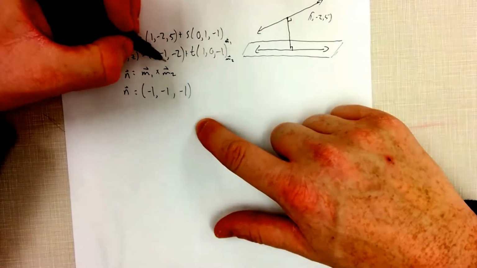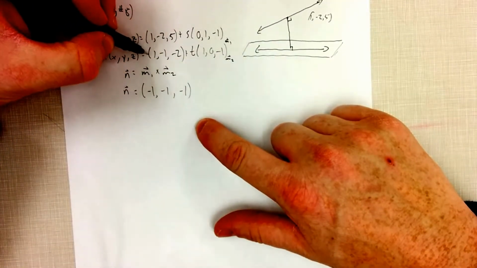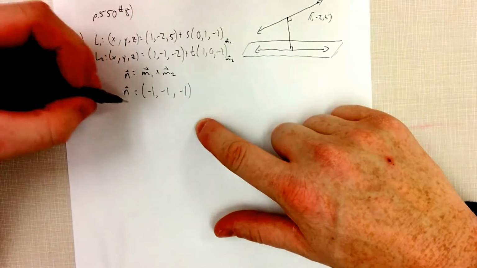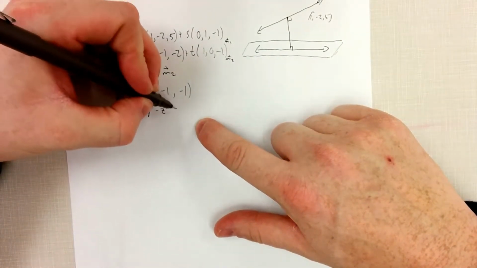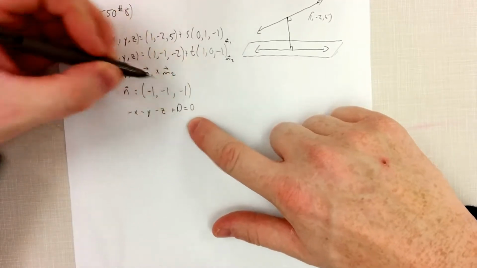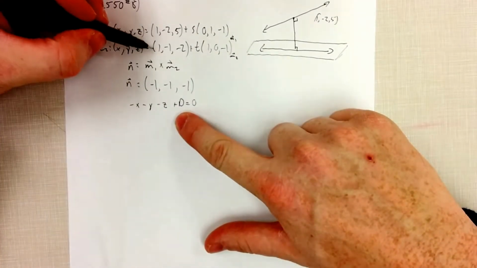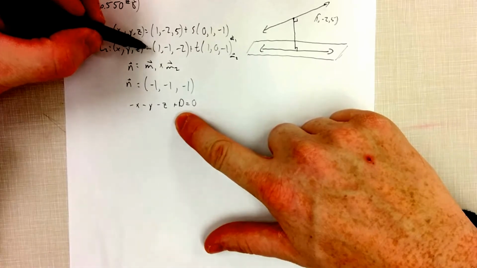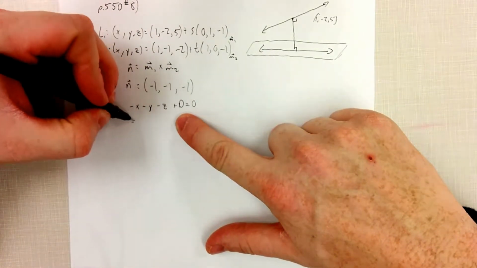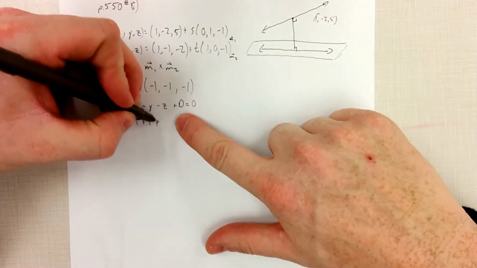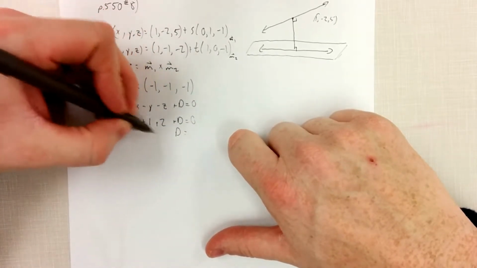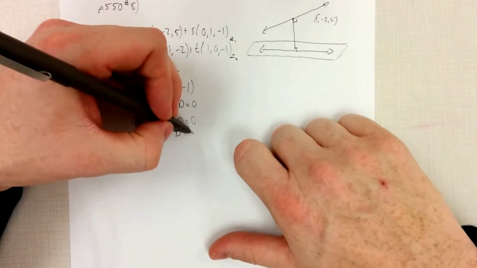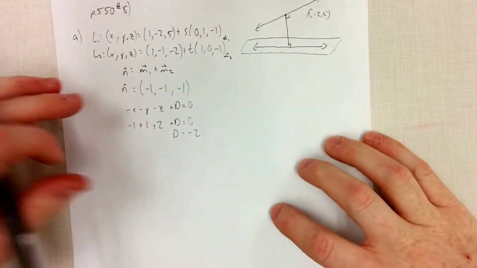Now, along with the point that I know is on this plane, this point right here, I have -x, -y, -z plus d equals 0. To find this d, I'll use this point and get -1 plus 1 plus 2 plus d equals 0. So d equals 3 minus 1 is 2, -2 when I bring it over to the other side.